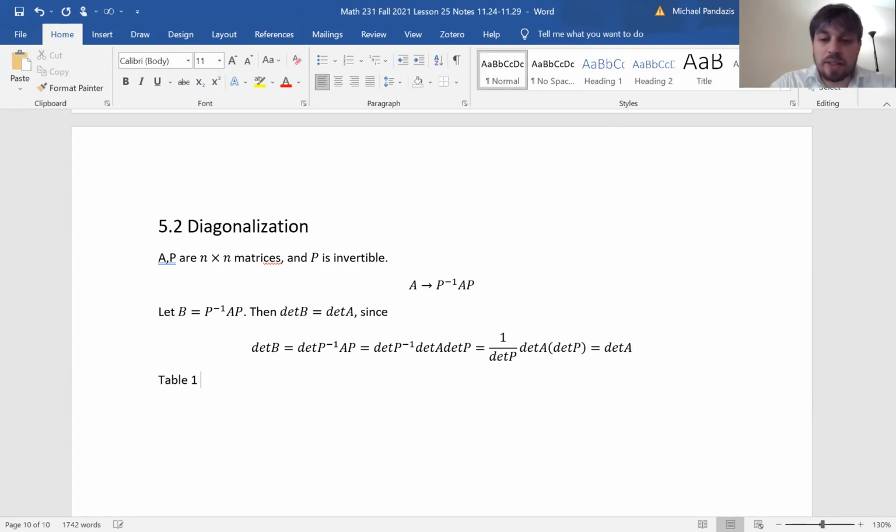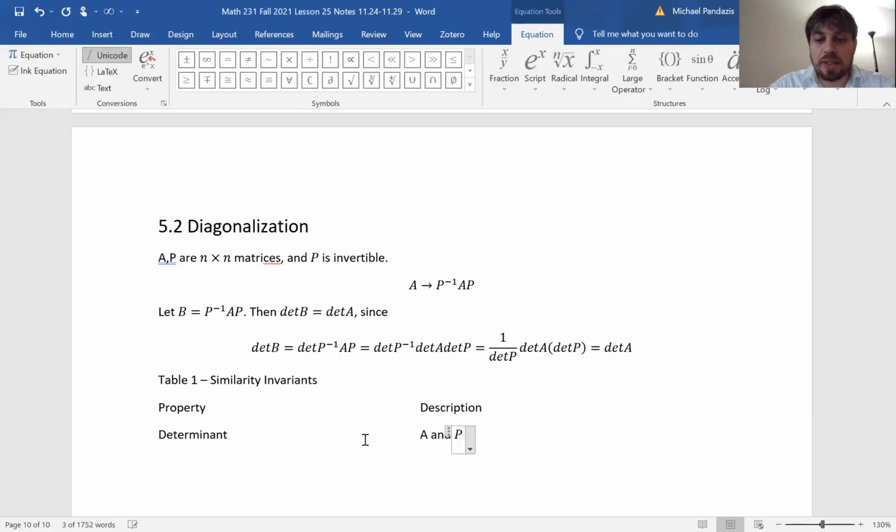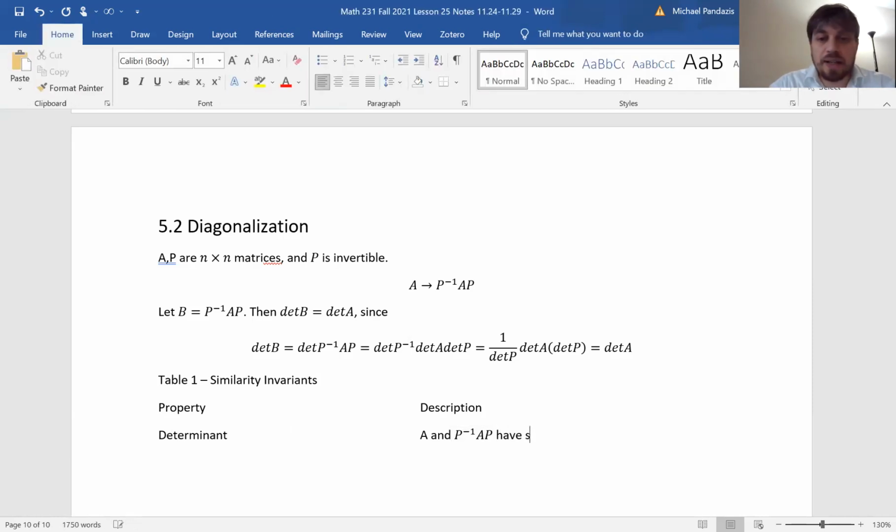Okay, so in table 1, these are similarity invariances. On this side is the property, and on this side is the description. The property is determinant, and the description is that A and P inverse AP have the same determinant.